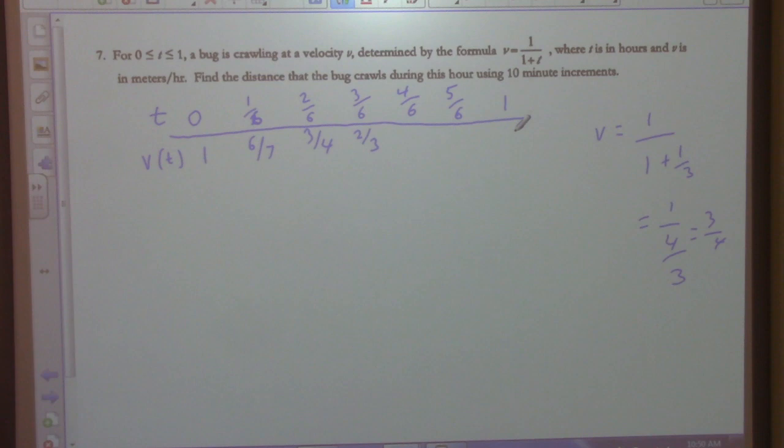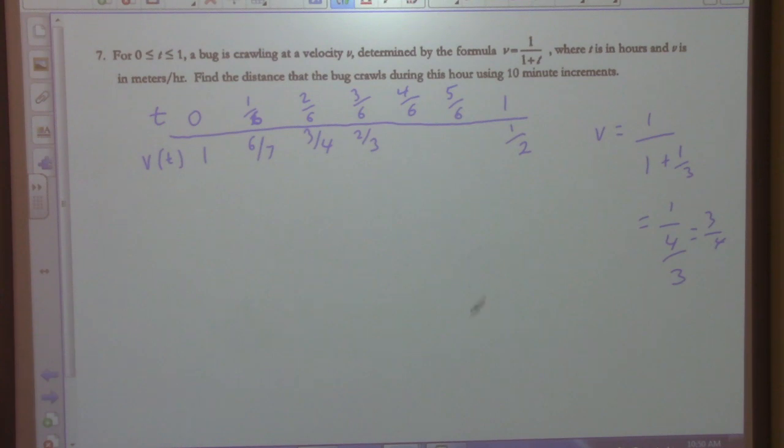And I know this last one here is going to be just 1/2, right? But what's 4/6? Oh, duh. It's 3/5. And then 6/5. And this one here, you get 2/3.